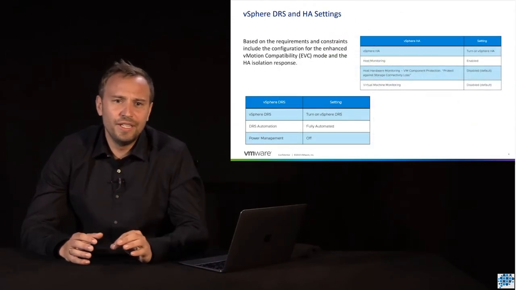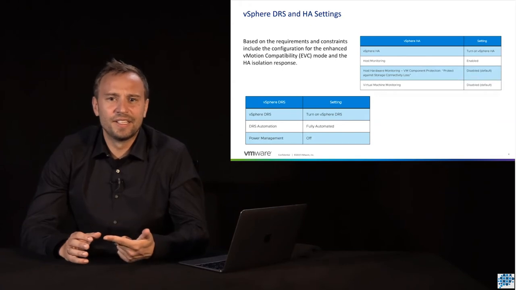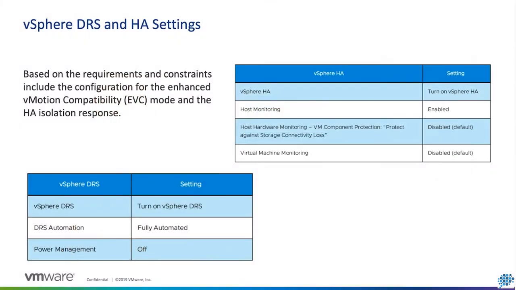In general, we need to consider the DRS and HA settings in all scenarios. Meaning if we design it for a workload cluster or for our management cluster, we typically want to enable vSphere high availability. What does it mean? The failure of an ESXi host is detected and the failed virtual machines are restarted on the remaining hosts in this cluster.